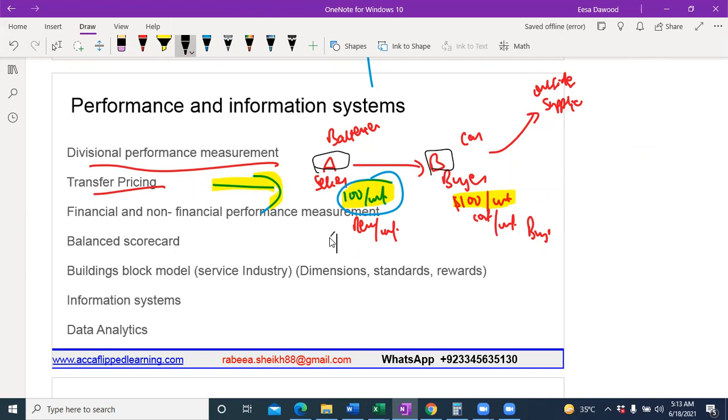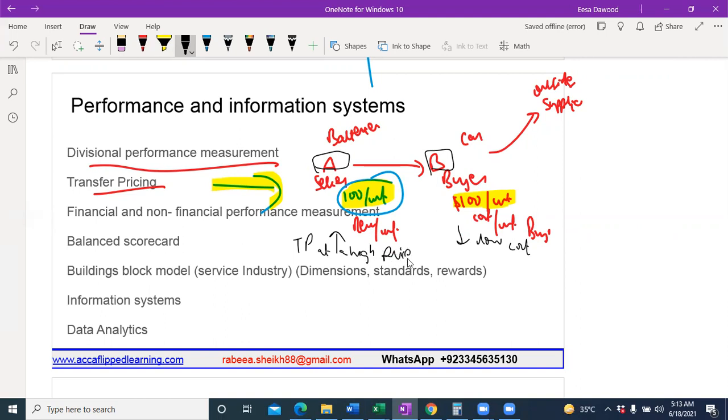A would like to increase the transfer price since it's revenue for A, but B would like to take it at the lowest cost, because B's profit would be increased only when its cost would be reduced. So B would like to take the unit at low cost and try to increase its profit by selling it at a high price.